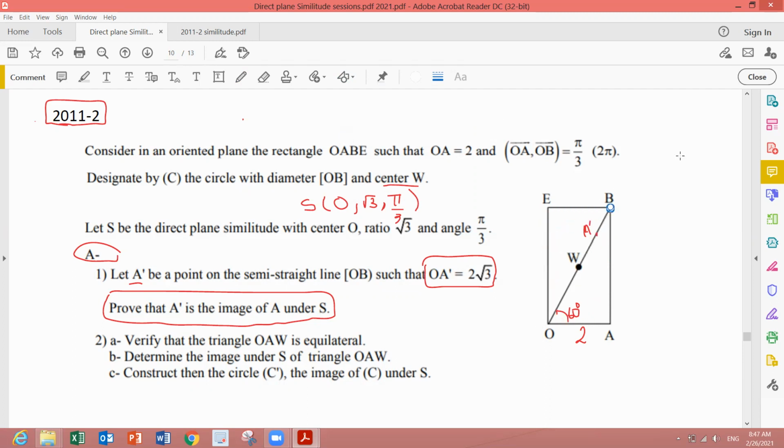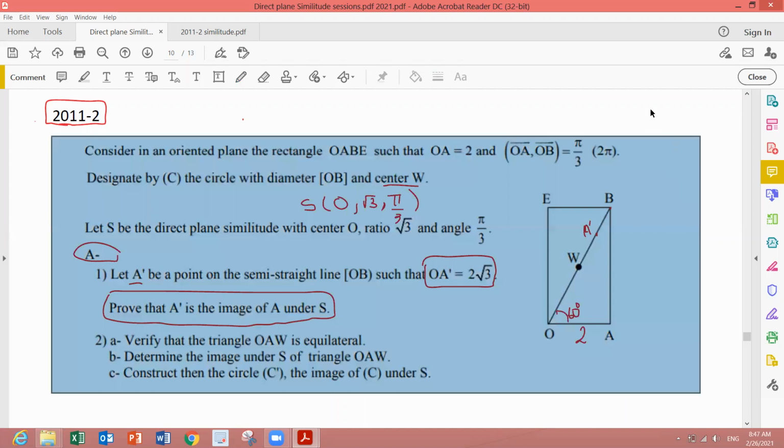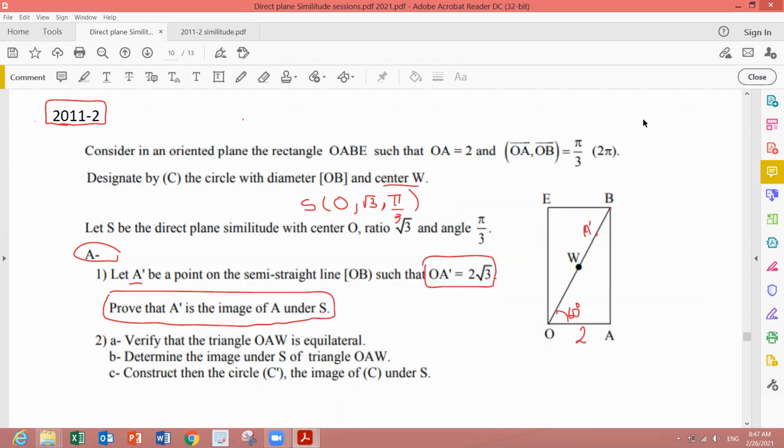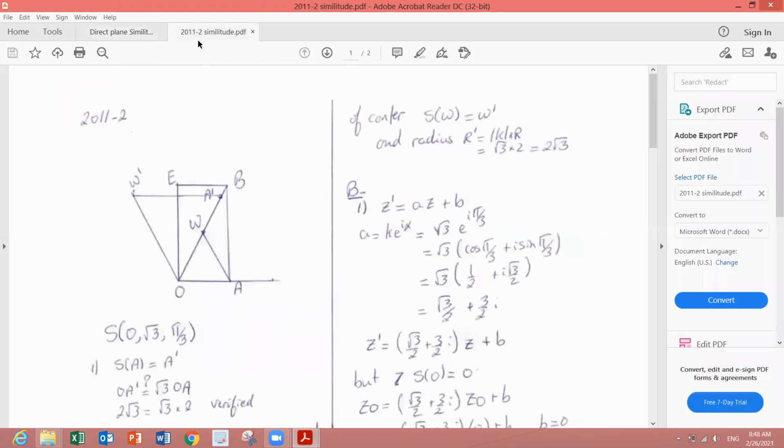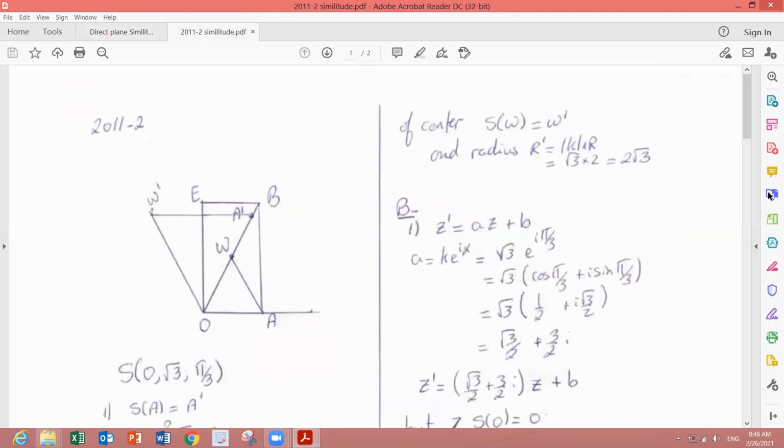What is the similitude? نعمل S of A equal A prime. What do you have? OA prime equals radical 3 OA. And the angle is how much? 60. So this part is simple.